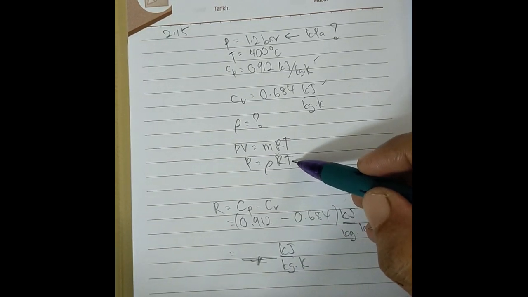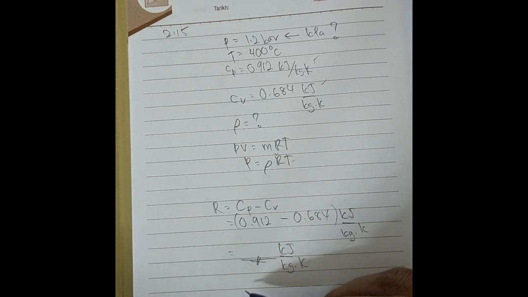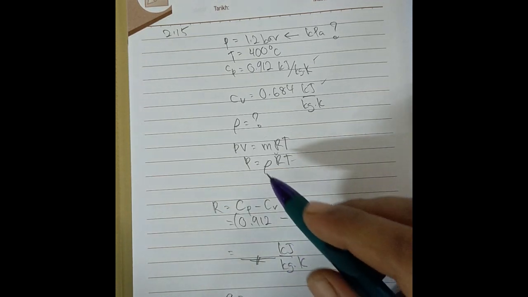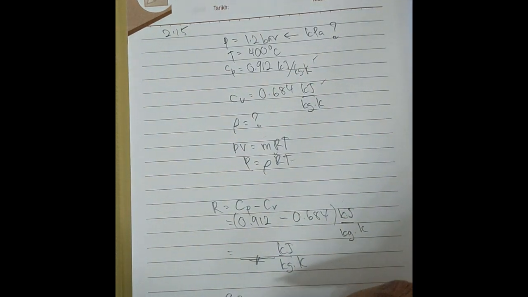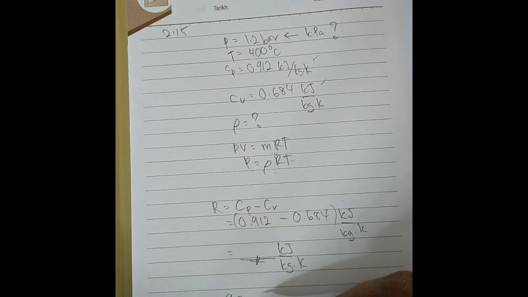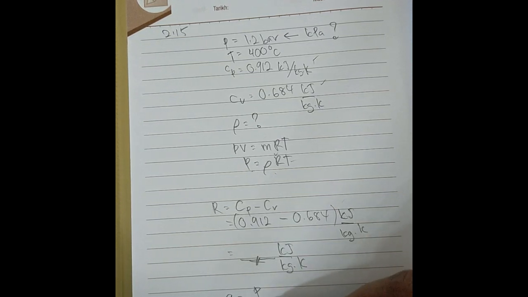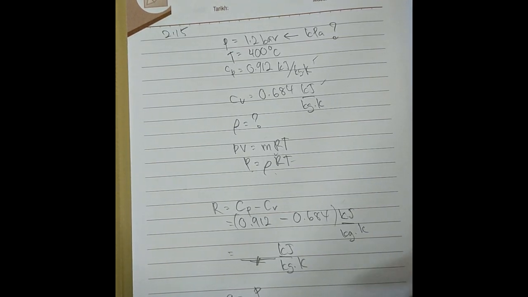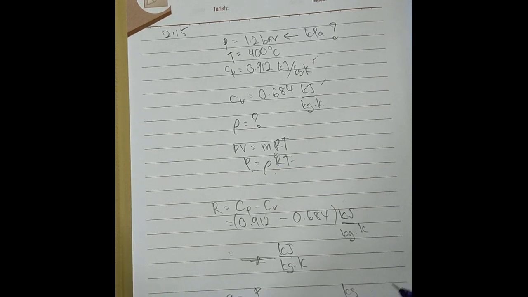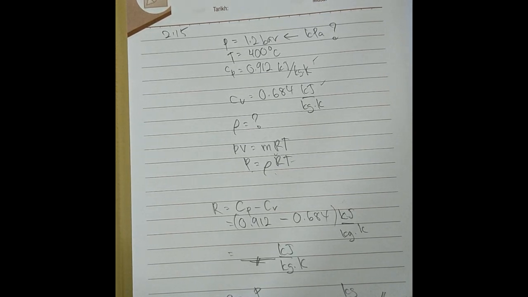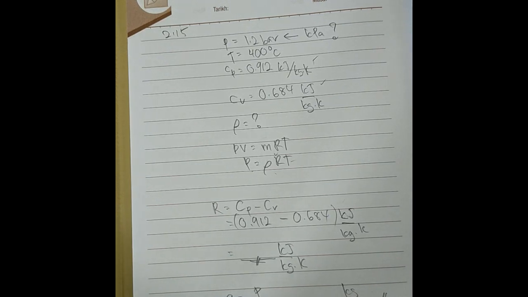Substitute into your general equation, so you got rho equal to your pressure, which you need to convert, over RT. So you can get your answer directly, in kg per meter cubed. Alright, okay, thank you.